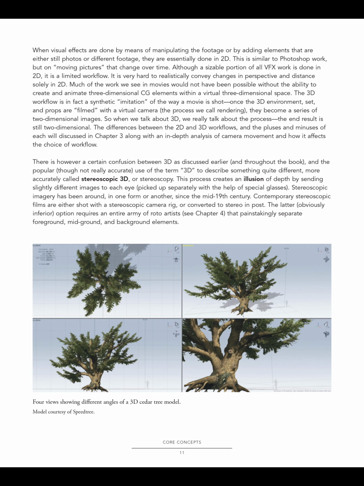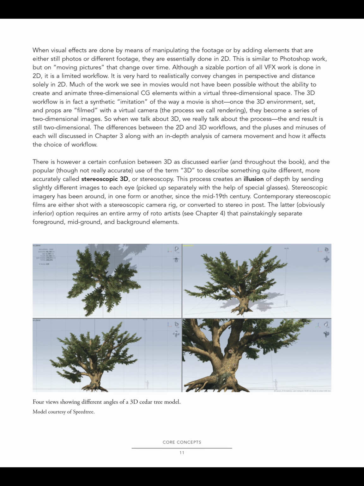There is however a certain confusion between 3D as discussed earlier, and throughout the book, and the popular, though not really accurate, use of the term 3D to describe something quite different, more accurately called stereoscopic 3D, or stereoscopy. This process creates an illusion of depth by sending slightly different images to each eye, picked up separately with the help of special glasses.